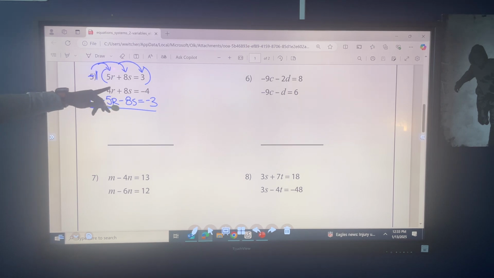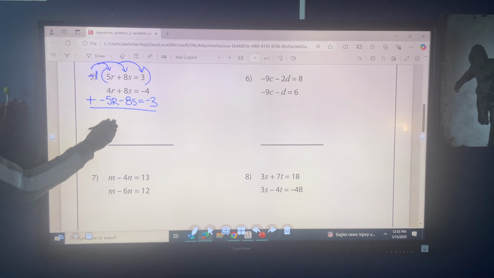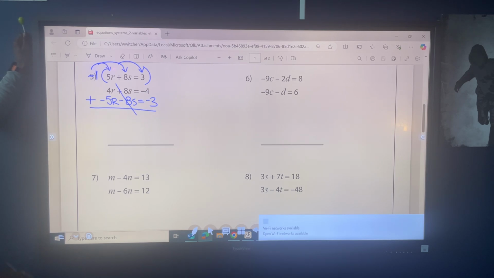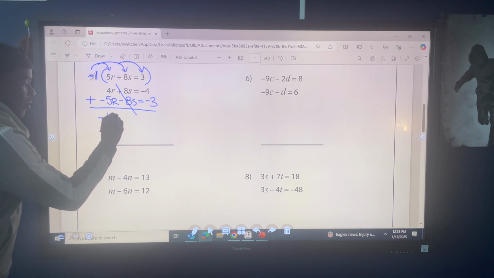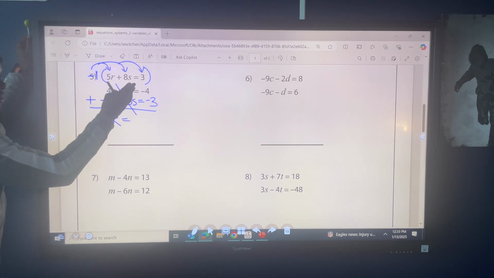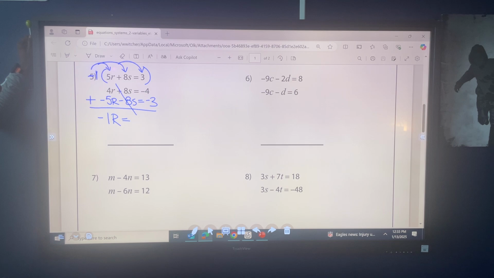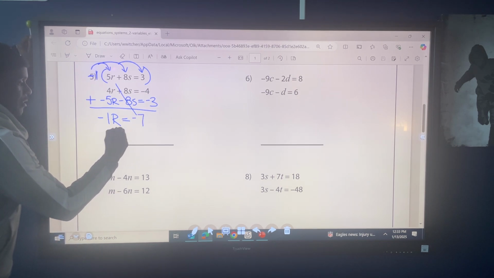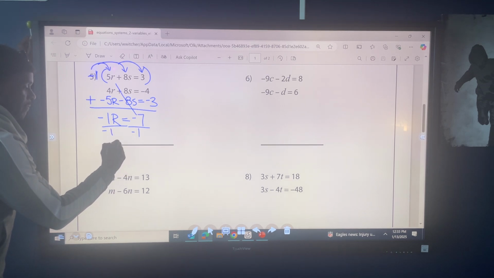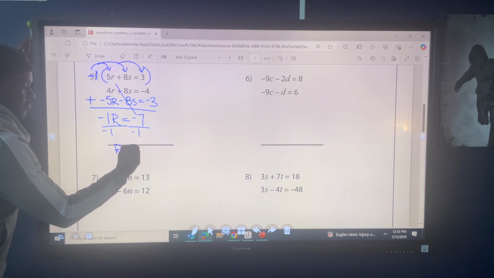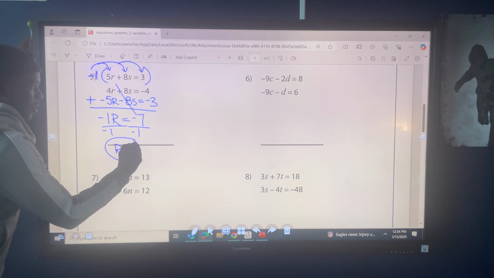Now, as you see, these two are opposite, so they cancel. 4 plus -5R is -1R. Equals, what's -4 plus -3? -7. What do I divide on both sides? -1, and my R is what? R equals 7.